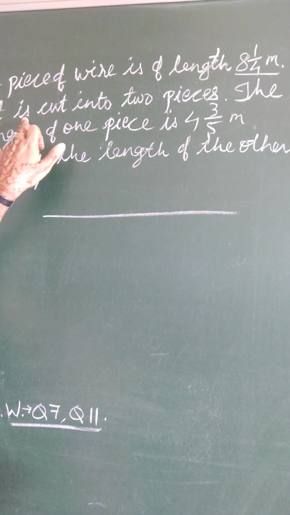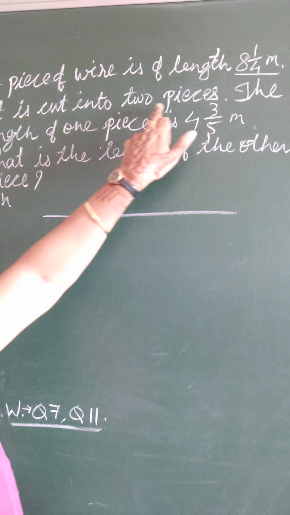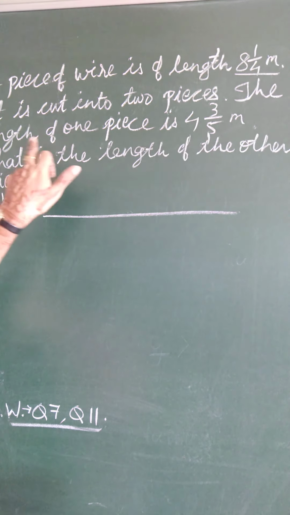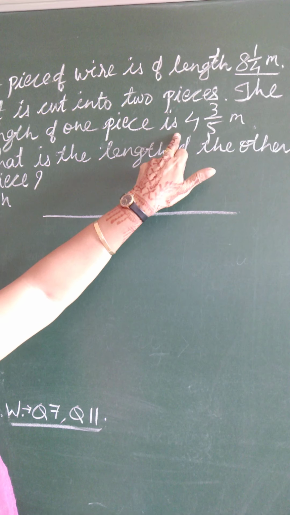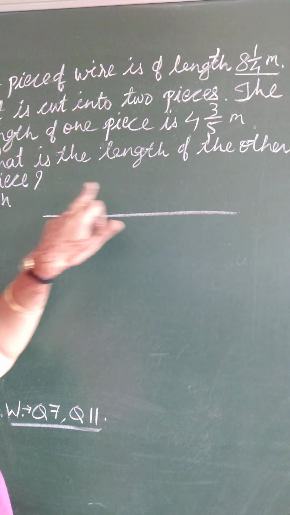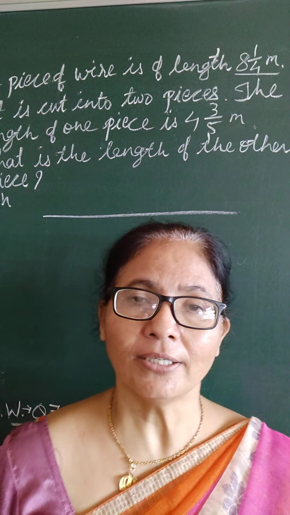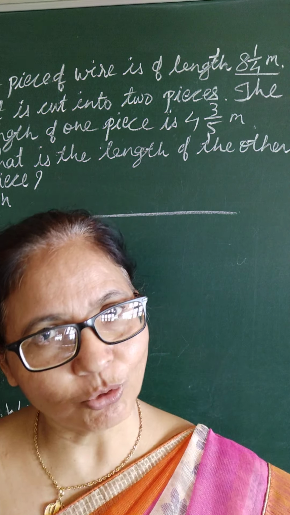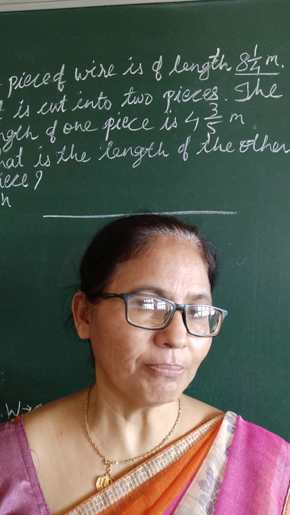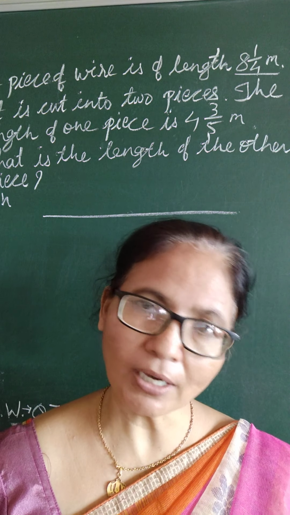Now that piece of wire is cut into 2 pieces, and the length of one piece of the wire is given. You have to find the length of the other piece of the wire. It is just like a sum where the sum of two numbers is given, one of the numbers is given, and you have to find the other number.